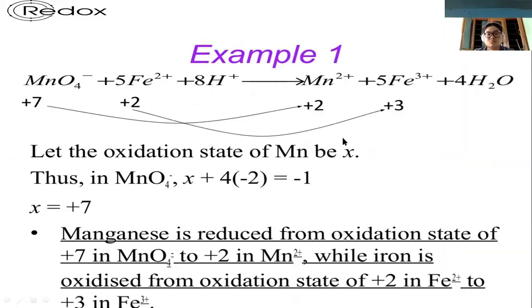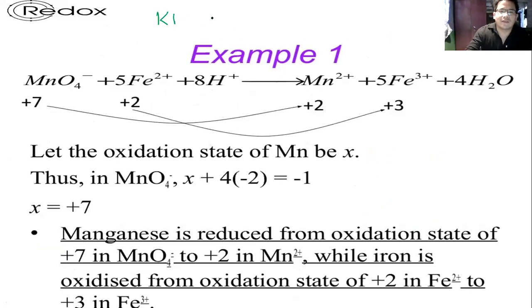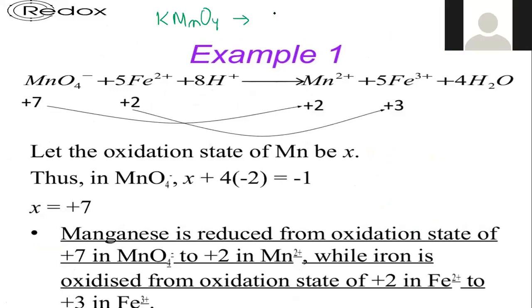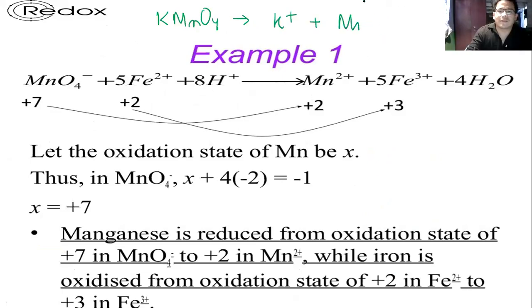Example number 1. Potassium permanganate ionizes into potassium ion and MnO4 minus. This MnO4 minus reacts with an iron salt in acidic medium.